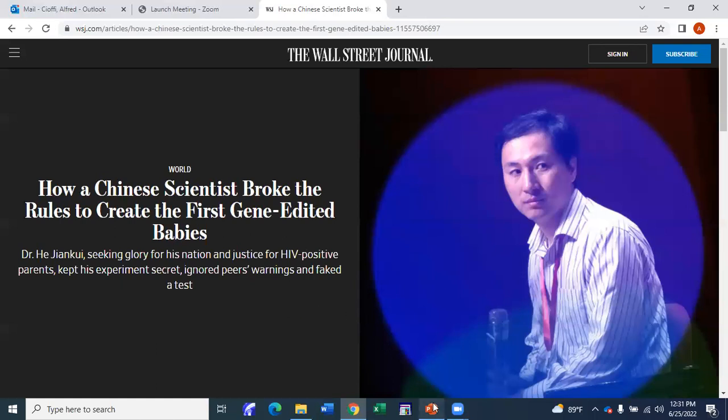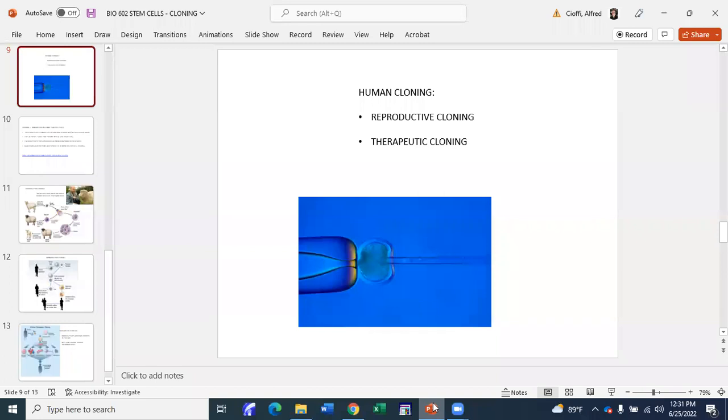So that's the challenge when we don't really consider the ethics behind this stuff. And the pressure, of course, the scientific pressure is so strong to publish or perish, right? That he thought he was going to be the first one to do human cloning. And he was going to do it for the good, right?